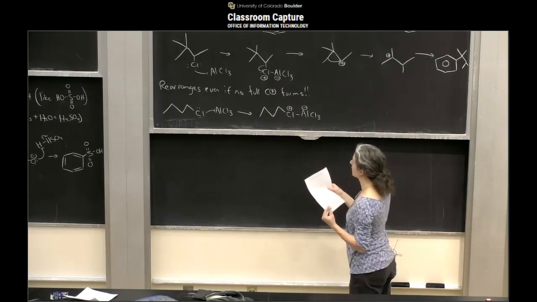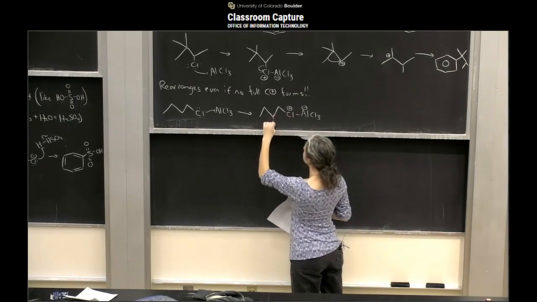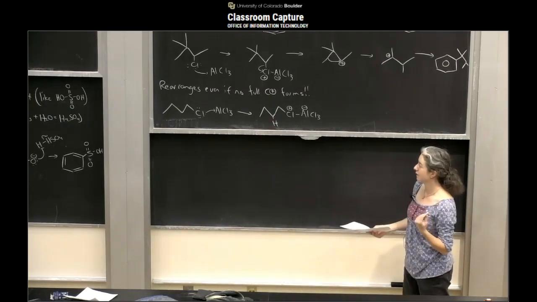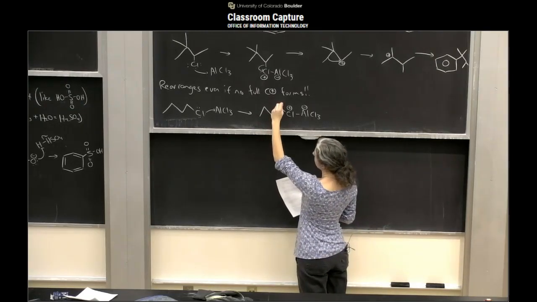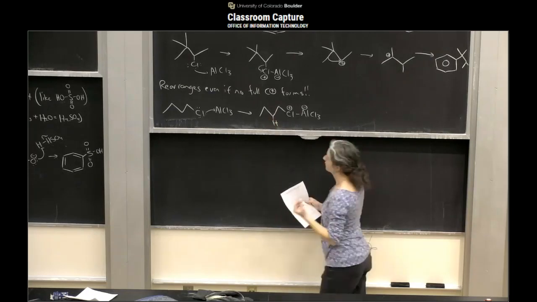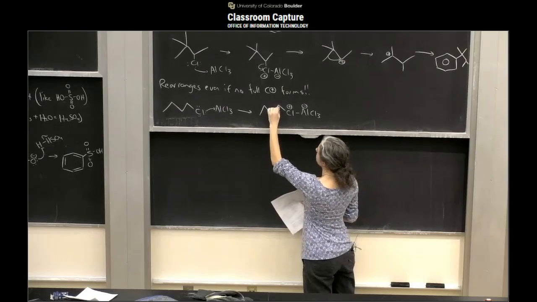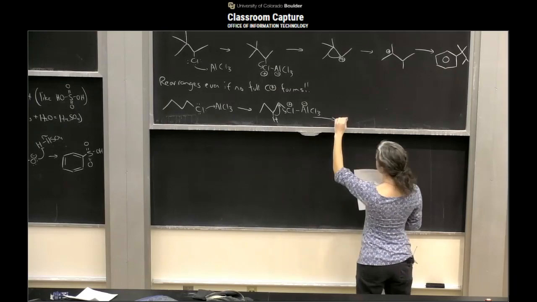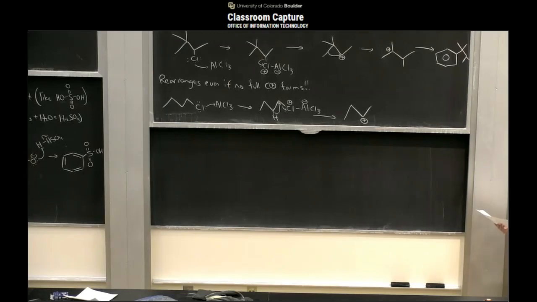Turns out not quite, because this is a good enough leaving group, as it turns out, that this is actually going to rearrange faster than the aromatic ring can get involved too. So even though you don't officially have a full carbocation out here, it's going to act like it does because it's getting pretty close to a full charge on there. And just do a hydride shift onto that carbon and boot out the leaving group. So whether you go full carbocation or not, it's still going to rearrange on you.